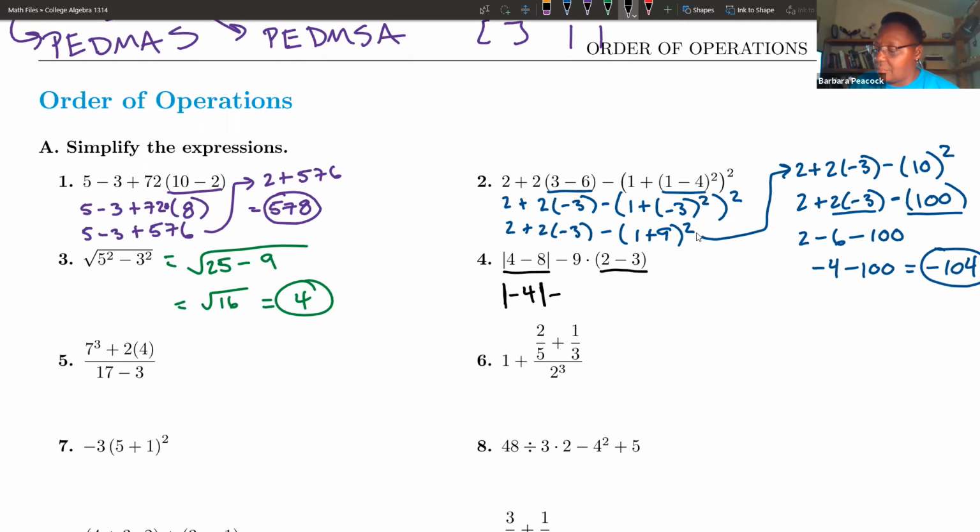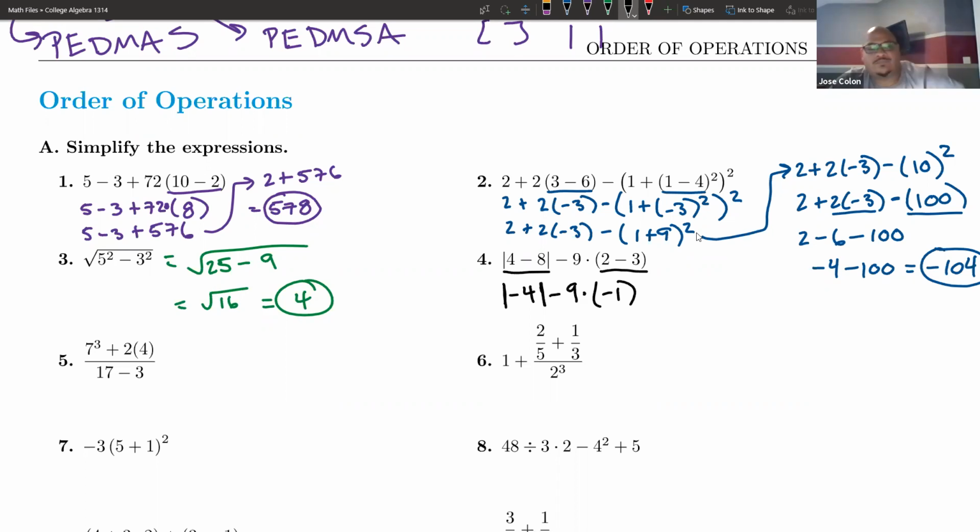So 4 minus 8 gives me negative 4. And then you have that 9 still times 2 minus 3, which is negative 1. That just looks like a big old mess. Well, the absolute value turns any negative number into what kind of number? Into a positive.